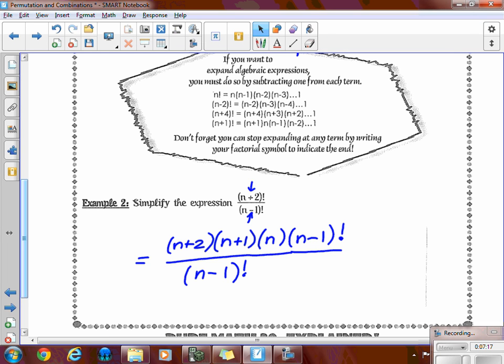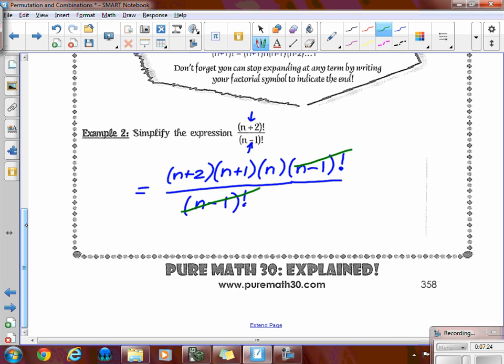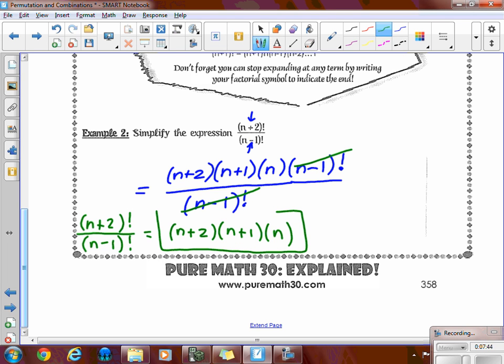So if we look, those two can come off, and my answer to this would be n plus 2 factorial divided by n minus 1 factorial is the same thing as n plus 2, n plus 1, all multiplied by n. And you could go and actually FOIL those first two, distribute in the n, and get a cubic function, but for the sake of this, we just know that this simplified down to this one expression.